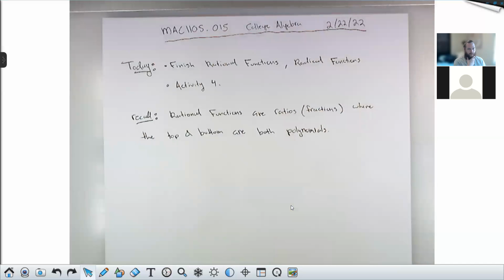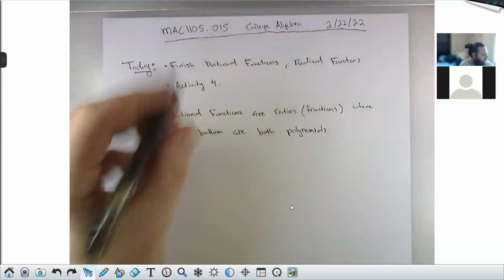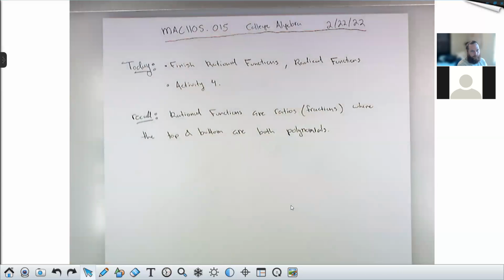All right, so this is a definition we've seen a few times, and the idea that the numerator and denominator need to be polynomials means if you want to check if something is or is not a rational function, you need to check if the top is a polynomial, meaning it has only positive integer powers of x, constants, and you need to check if the bottom is a polynomial.